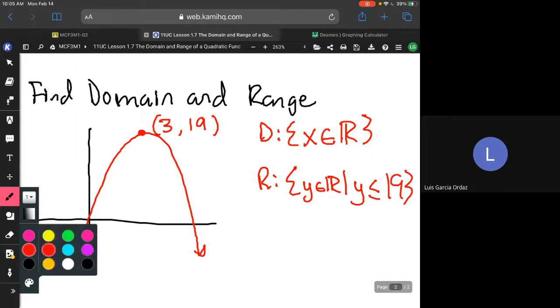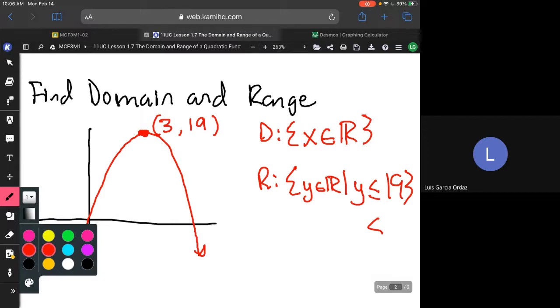Can someone tell me why I use the inequality less than or equal to, or greater than or equal to, instead of just less than? Sarah. Yep. The reason why I use the equals to is because it actually hits the y value of 19. If it didn't hit the y value of 19, it would just be less than.